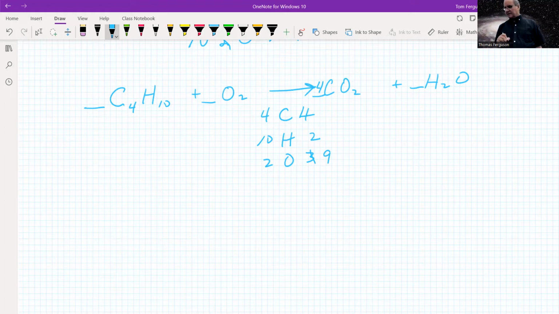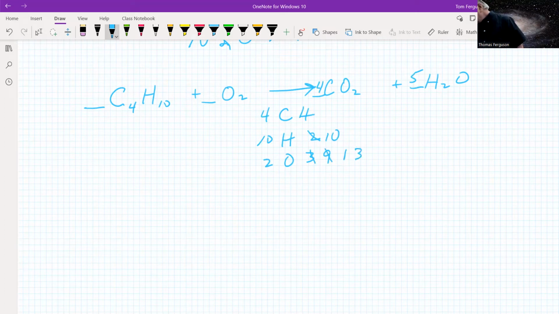So how can we fix the hydrogens? So we're going to have 8 and 5 is 13 oxygens. Okay, so everything's balanced except the oxygens. What can we put in front of the O2 on the left to make it 13?